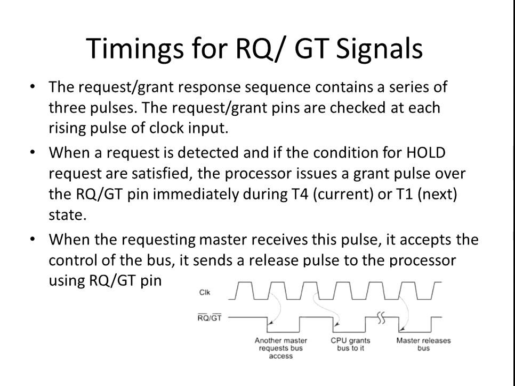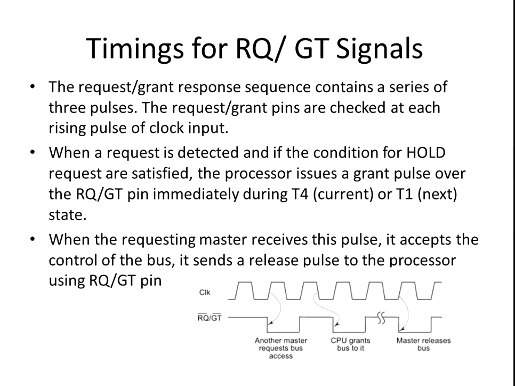Then the processor issues a grant pulse over this RQ/GT0 or GT1 pin immediately during the T4 or T1 stage. We already discussed the conditions for granting the signal. When the requesting master receives this pulse, it accepts control of the bus and uses the bus as long as it requires.